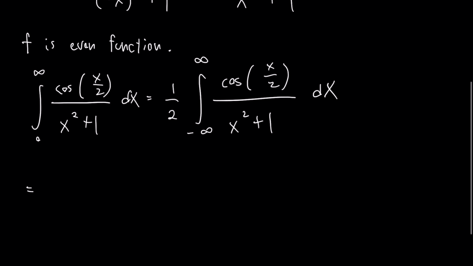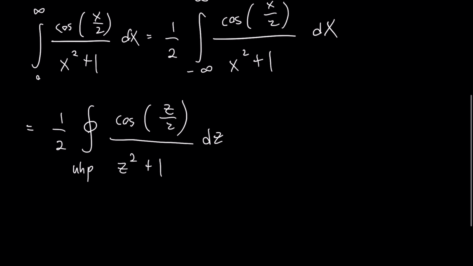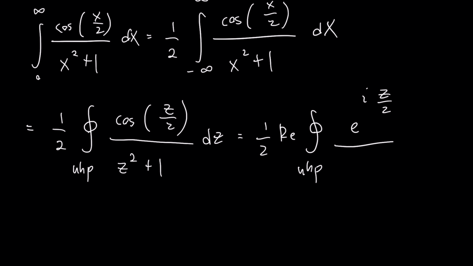And now we could construct 1/2 the integral over the upper half plane of cosine of z over 2 divided by z squared plus 1 dz, or 1/2 the real part of the integral over the upper half plane of e to the i z over 2 divided by z squared plus 1 dz.